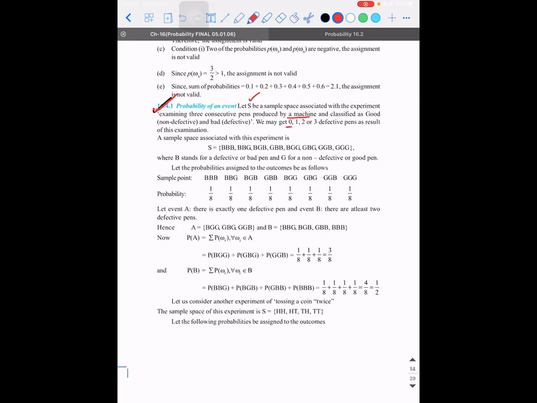You can get 0 defective pens, meaning the machine generates 100% good pens, or it can generate 1, or 2, or 3, because only 3 consecutive pens are checked.